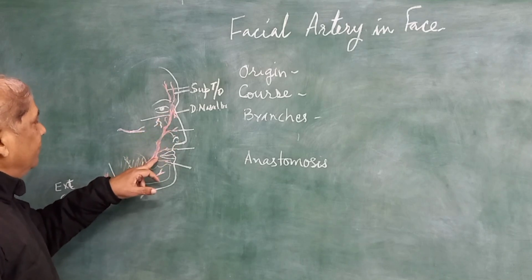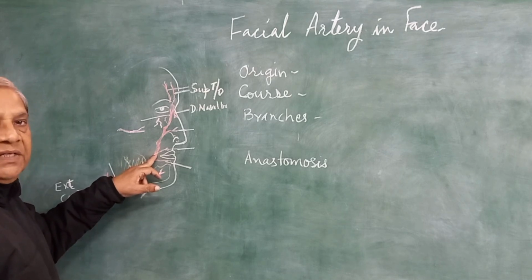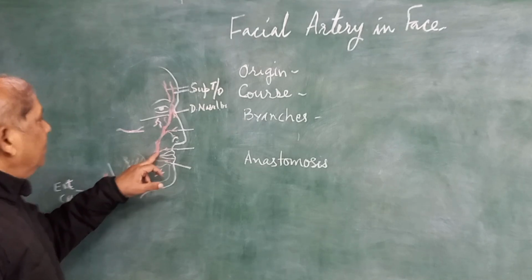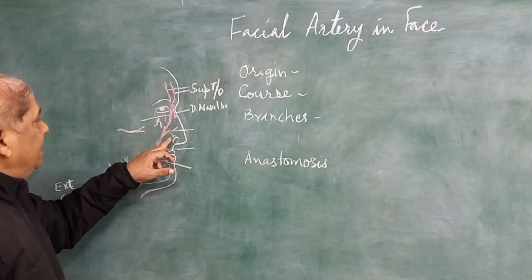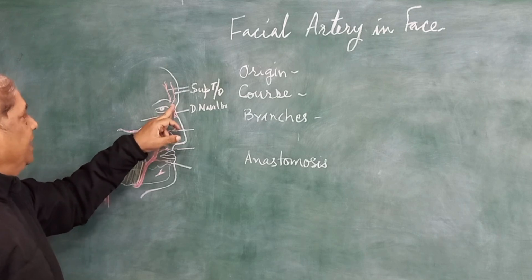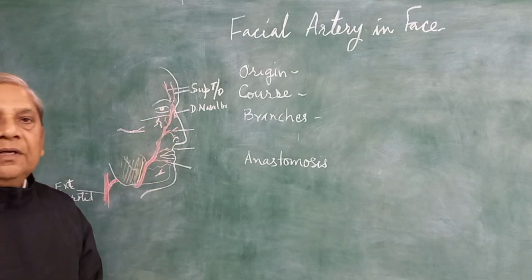It passes very close to the angle of the mouth, about 1.5 centimeters from the lateral angle of the mouth. Then this tortuous artery runs by the side of the ala of the nose, close to the dorsum of the nose, and then it terminates at the medial angle of the eye.